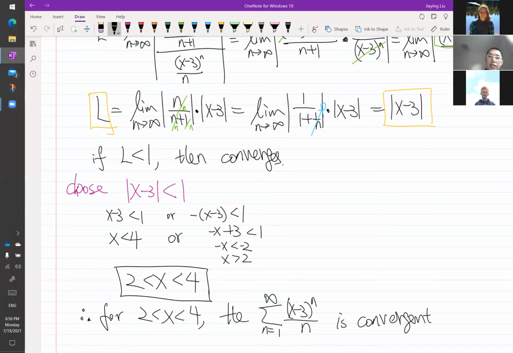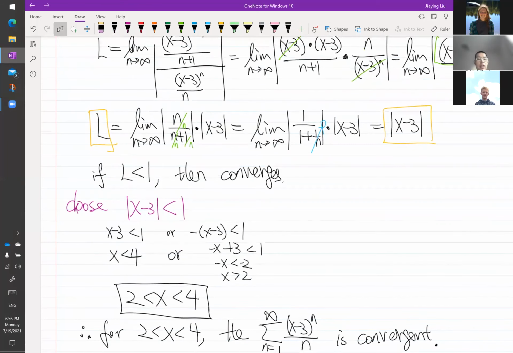If x equals 5, for example, if we put 5 in there, that will not be convergent. If we pick x equals 3.5, then it will be convergent. So that's the process of determining if a given series is convergent or divergent.